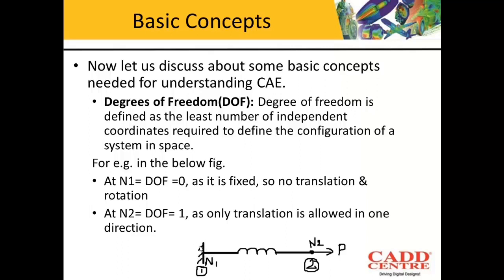That means it is completely fixed and hence there is no translation nor rotational movement allowed. Similarly, at node N2, the degrees of freedom available is 1. That means only translation in the x direction is allowed. So in this figure you will understand the meaning of degrees of freedom.